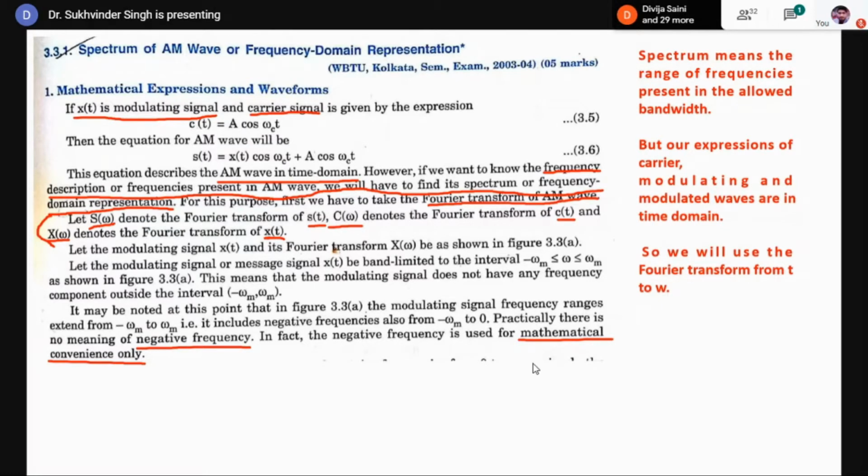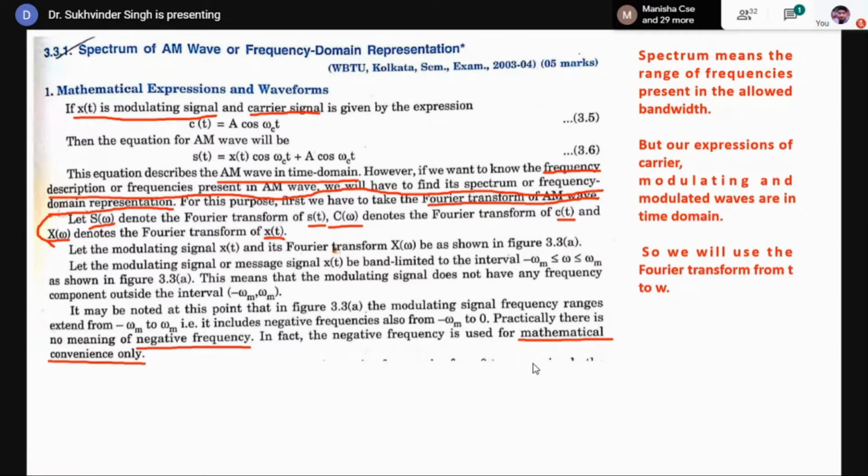So if you remember, here we will make use of a quantity that you have studied in mathematics in lower classes. What basically is a spectrum? Spectrum means the range of frequencies present in the allowed bandwidth. But our expressions of the carrier wave, modulating wave and modulated wave are all in time domain.